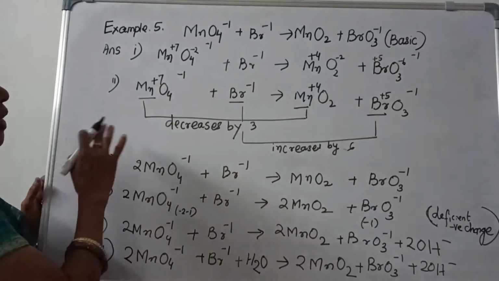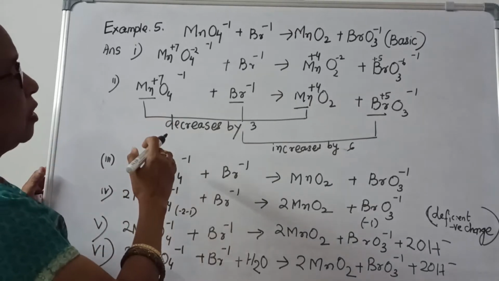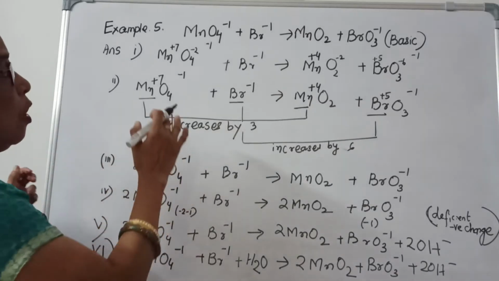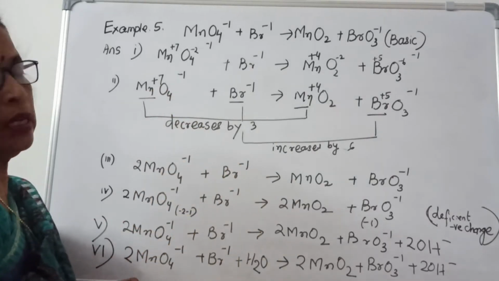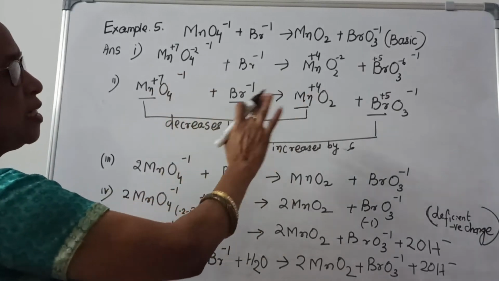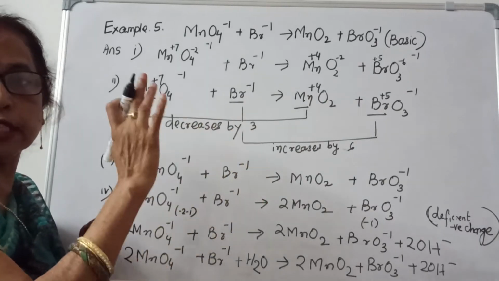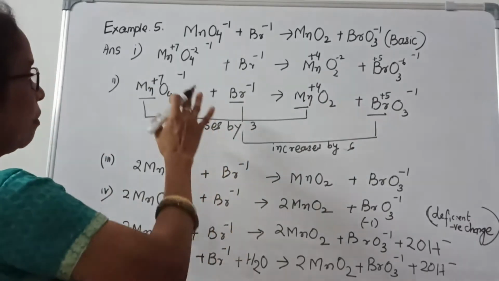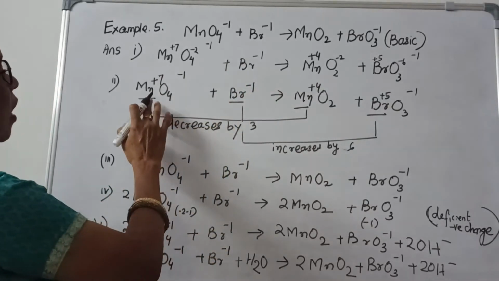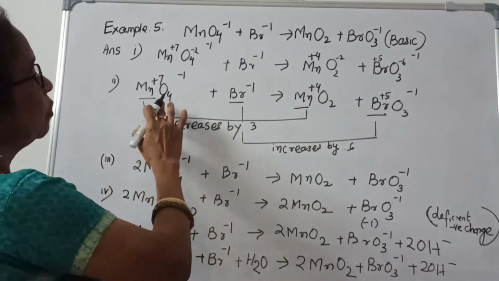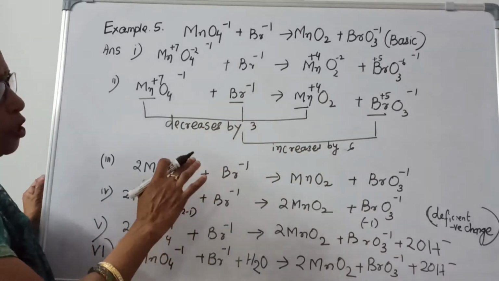And here, in the second equation, we will find which atom undergoes a change in oxidation number. You can see here the oxygen never changes, the oxidation number always remains minus 2, whereas manganese and bromine change. That is why you will observe which undergoes change in oxidation number.